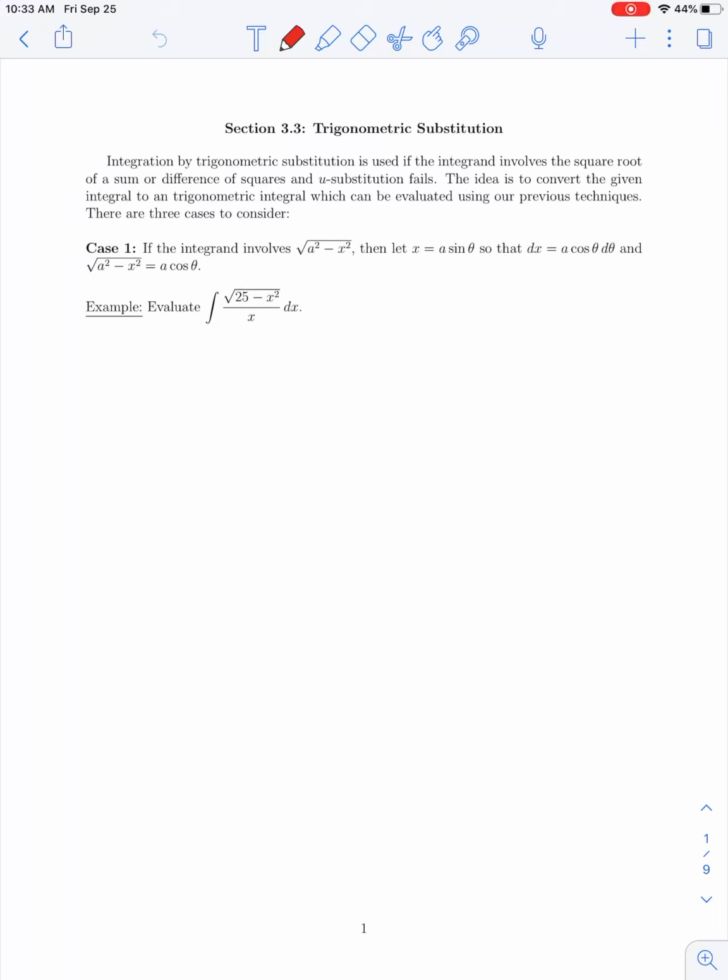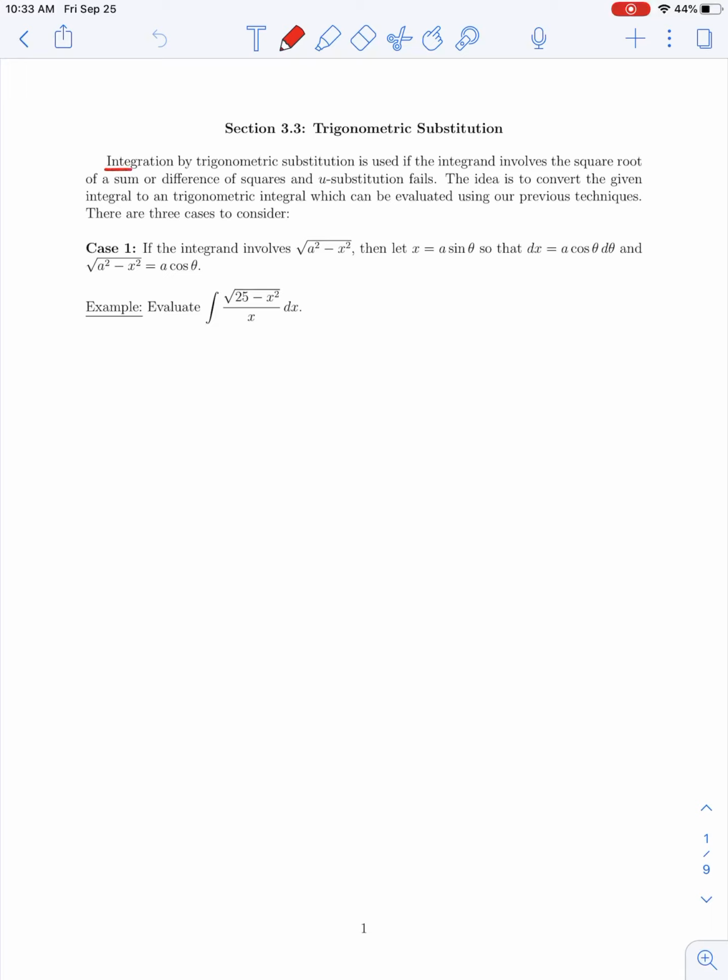Okay, in this lecture we're going to start our section 3.3 material on trigonometric substitution. Before we introduce the idea of this method or see some examples of how it works, let me start by introducing when we would use this method.